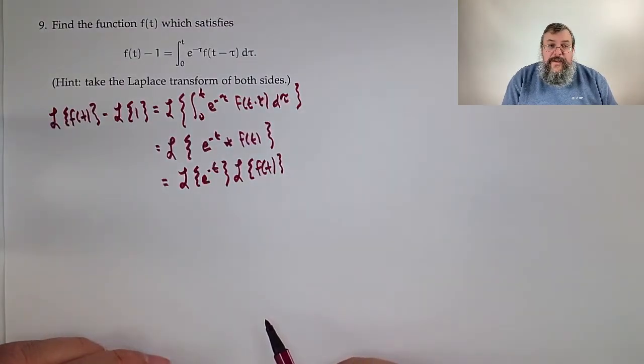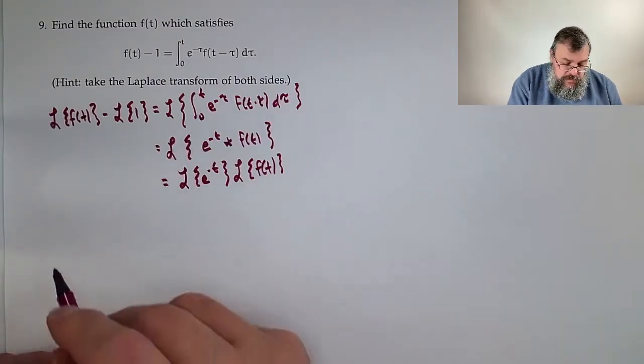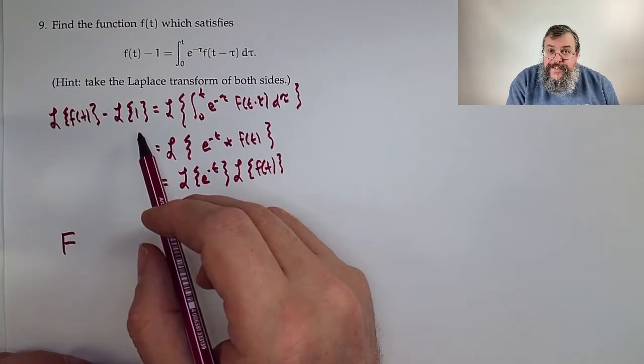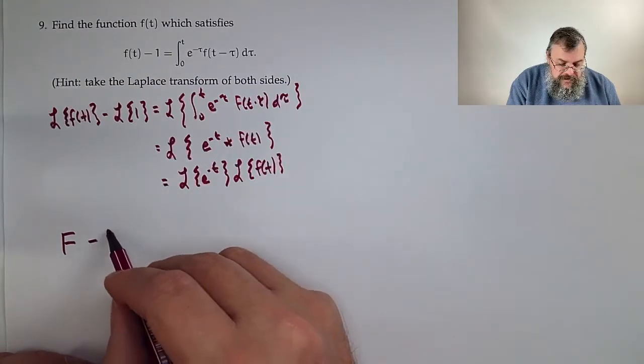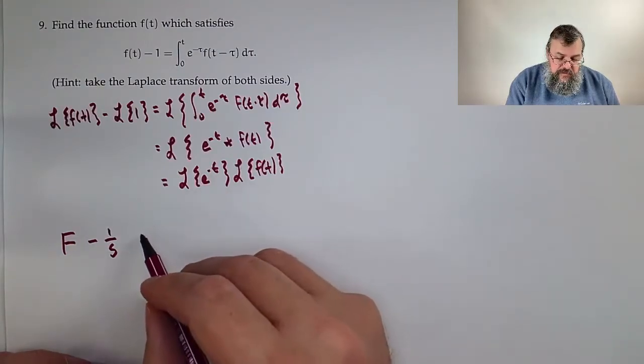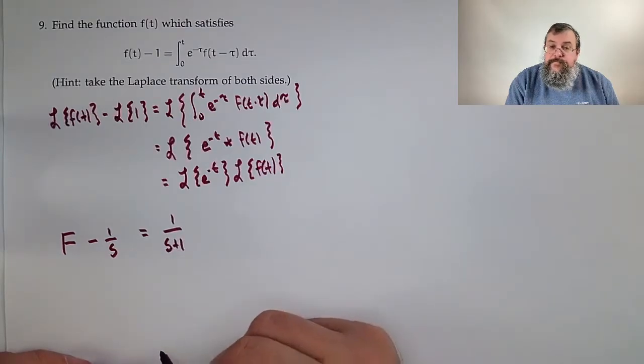So what do these pieces become? Well, the Laplace transform of f of t, we'll write that as capital F. Laplace transform of 1, that one we should hopefully know. That's 1 over s. Laplace transform of e to the minus t, 1 over s plus 1.